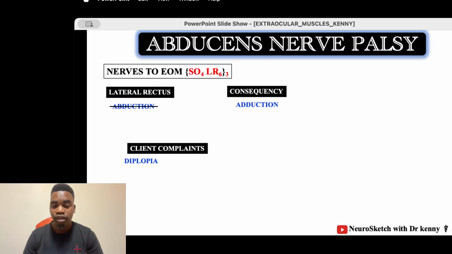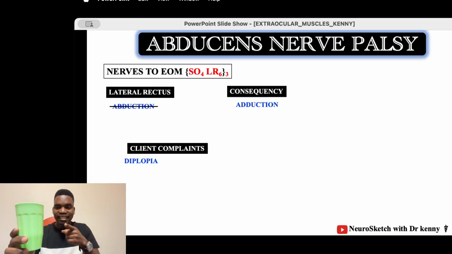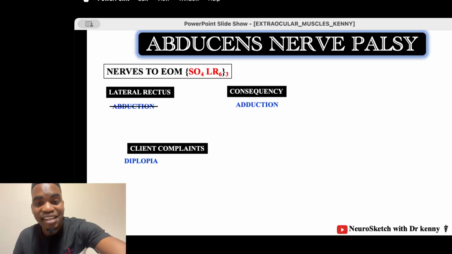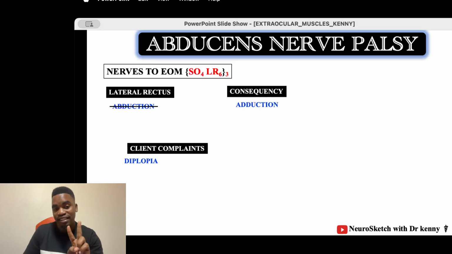Because the brain is getting two different images from the eyes. One eye brings the image of this one, and the other eye is gazing a little bit to the side, so it brings another image. So the brain is getting two images, and that is what we call diplopia.